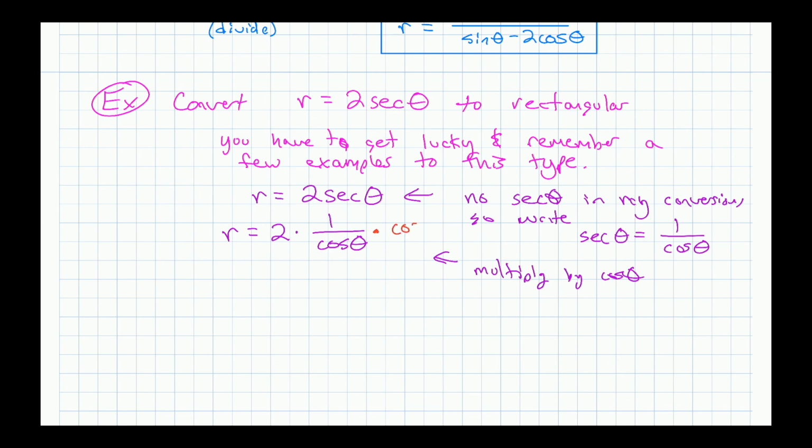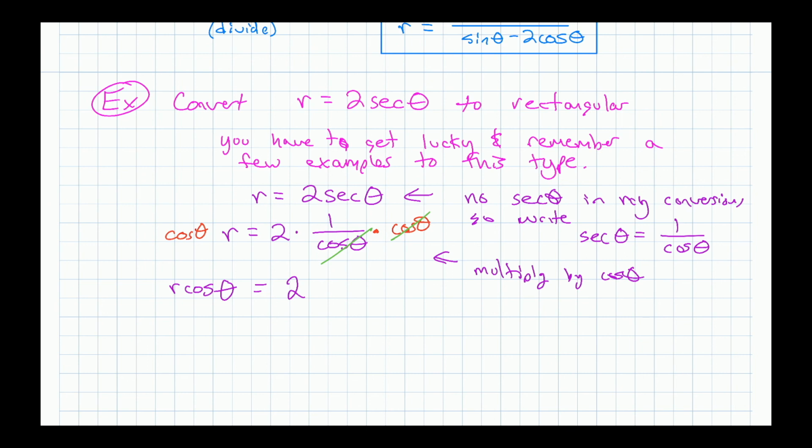If I multiply by cosine theta on the left and I multiply by cosine theta on the right, then on the right, I'm going to get r cosine theta. And on the left-hand side, the cosine and that cosine cancel each other out. So I'm just going to have 2 there, like that.